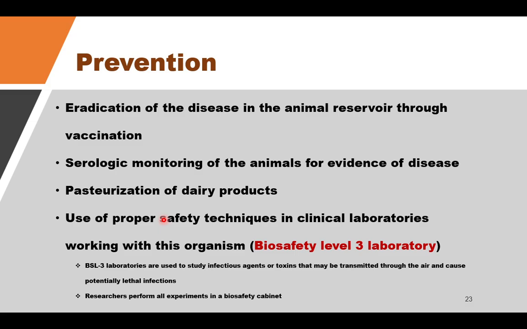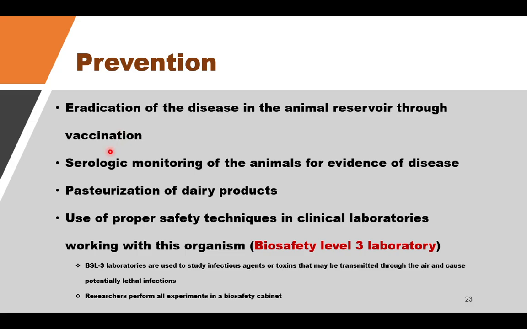So how can you prevent infection? Remember how infection can be transmitted. If you don't have sick animals, you won't have brucellosis in humans. So eradication of the disease in the animal reservoir through vaccination programs. And unfortunately, in the low to middle income countries, you don't have effective livestock vaccination programs, okay?